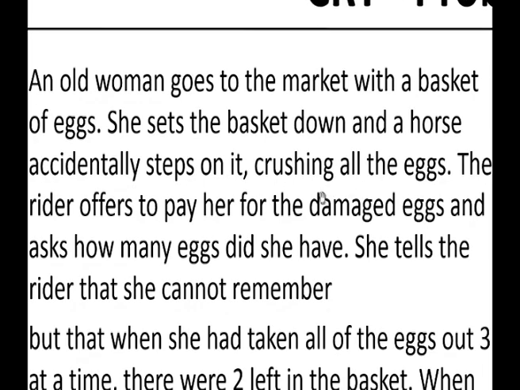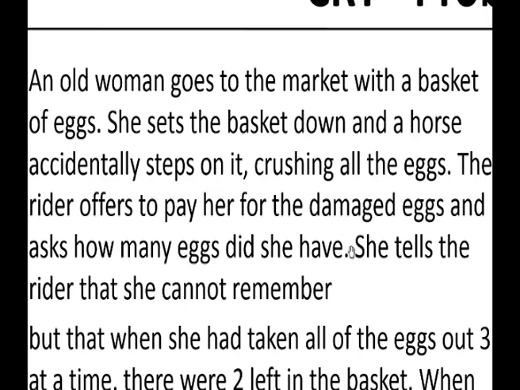The rider offers to pay her for the damage and asks her how many eggs she had. Now he is asking the old woman how many eggs were in her basket.